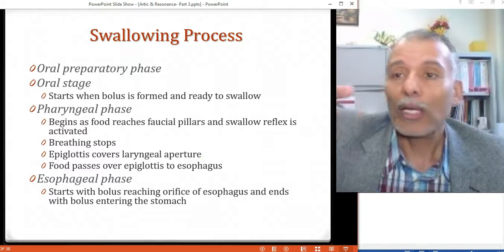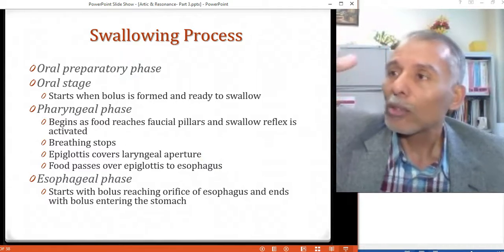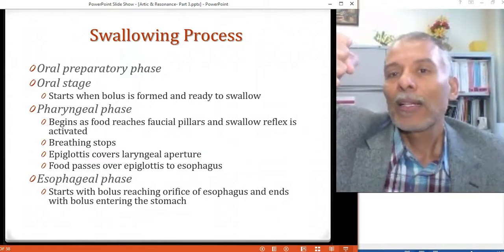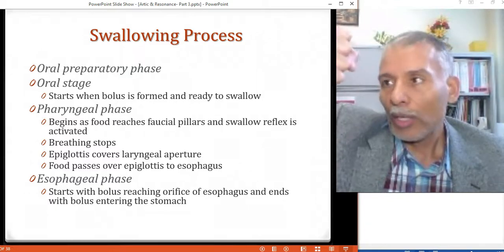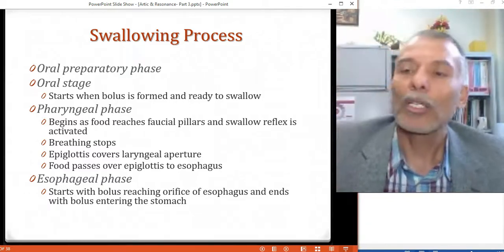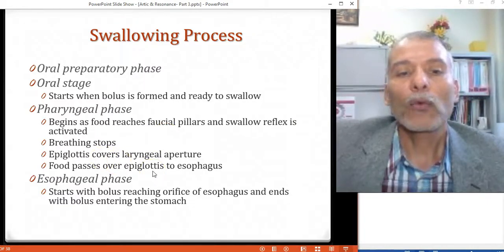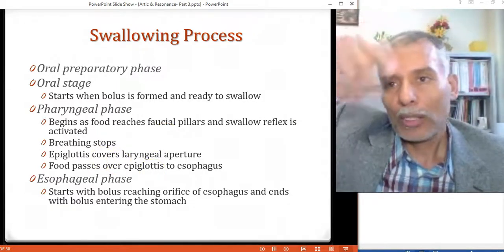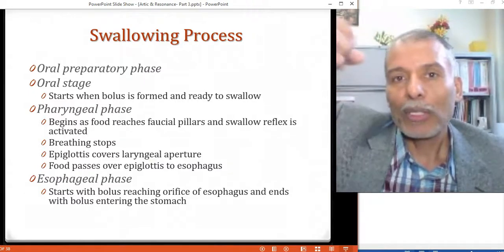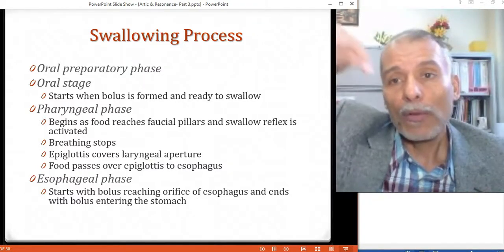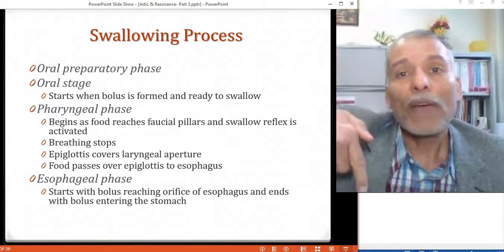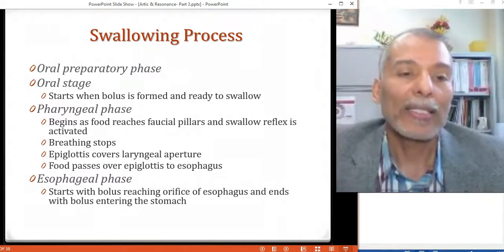The cricopharyngeus is going to contract and squeeze whatever you are swallowing into the esophagus. And as the food crosses the upper esophageal segment, the lower part of the pharynx, and enters the esophagus, this stage ends.